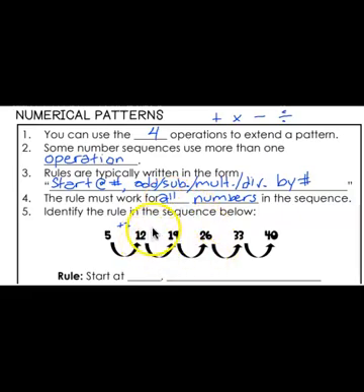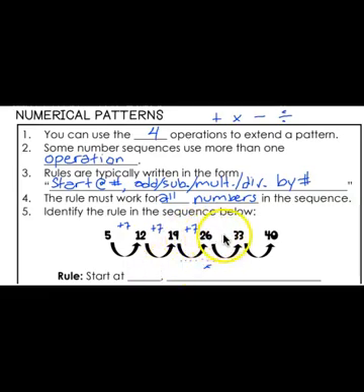So if I add 7 to 12, do I get to 19? I sure do. How about over here? If I add 7 to 19, do I get to 26? Starting at 19, 20, 21, 22, 23, 24, 25, 26. There's my 7 dots.